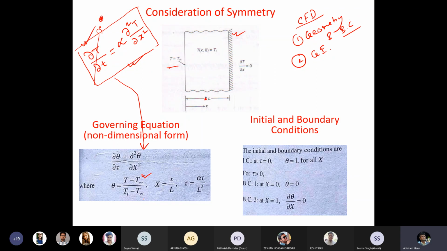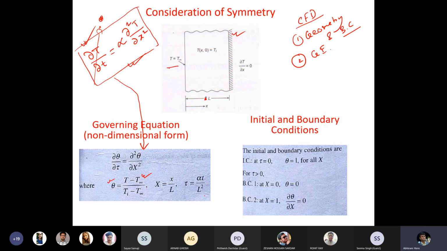This is how theta is defined. And x, the length parameter, is non-dimensionalized as small x by L, where small x is the distance and L is the total distance of my domain, and tau is given by alpha t by L square.